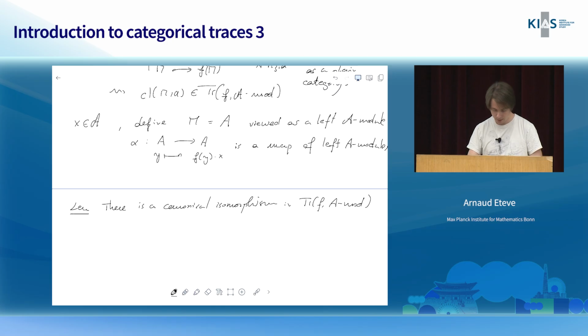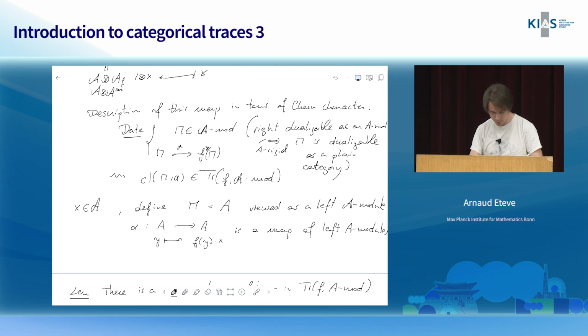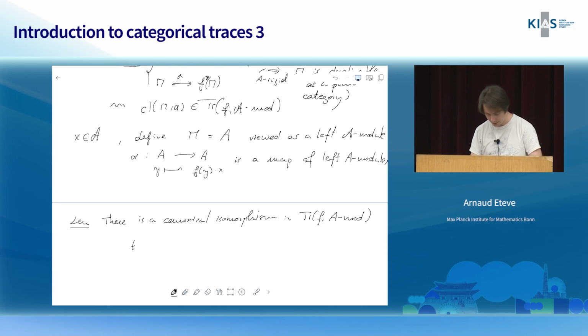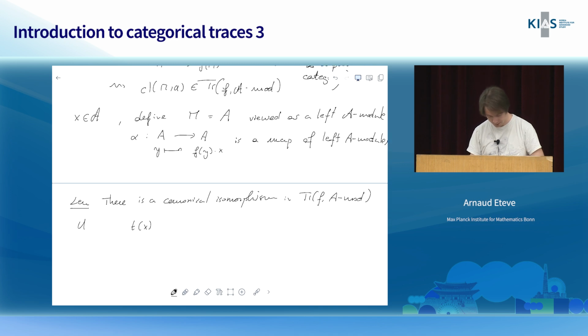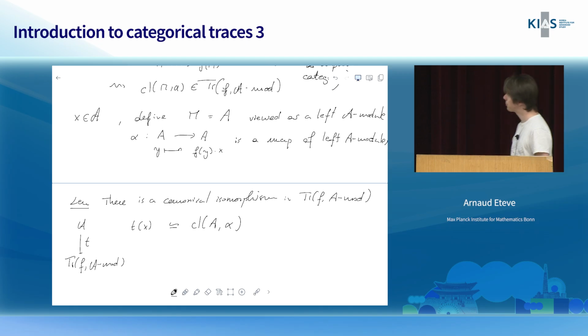So on one side, the object T of X, where T is again this map from A to trace of A on A mod, and the class of A and this morphism alpha that we defined above.